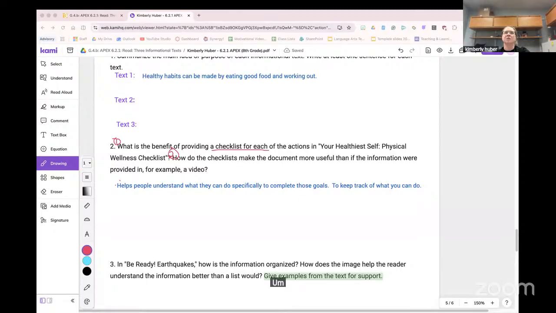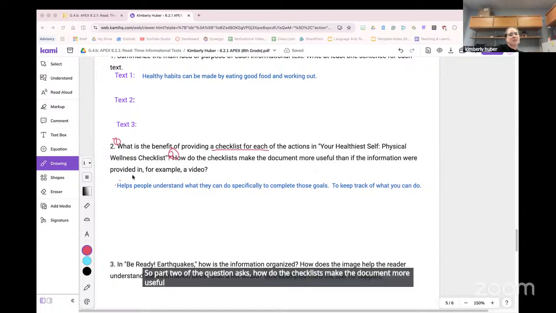Part 2 asks, how do the checklists make the document more useful than if the information were provided in, for example, a video?